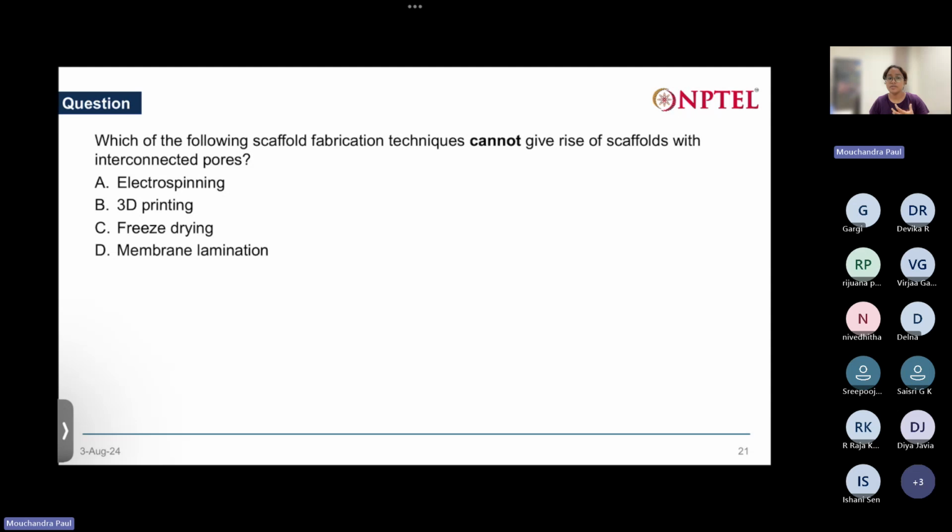Now if you have understood what I've just said, or watched the lectures on the scaffold fabrication techniques, now you try to answer which of these techniques do you think cannot give rise to interconnected pores, or cannot give rise to a porous scaffold.